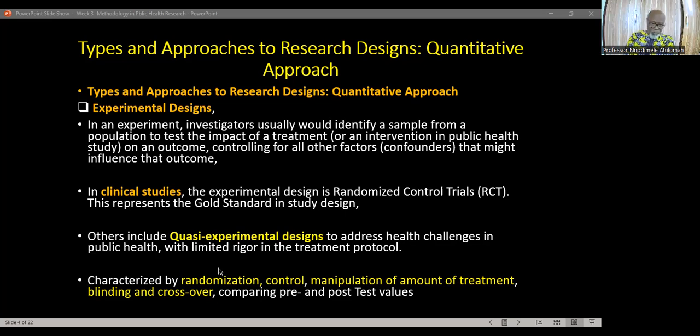Experimental has experimental and control. Likewise, quasi-experimental has both control and treatment groups. What makes the difference for randomized control is that you can manipulate the amount of treatment. If it's drug discovery or drug development, you want to find out which dose produces the best effect. So you can put different dosages to be administered to the candidates, and the effect of the drug is measured.